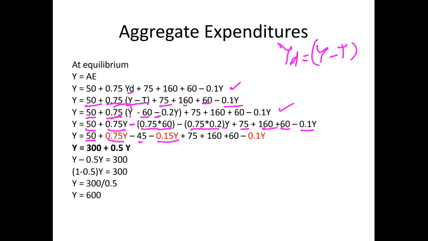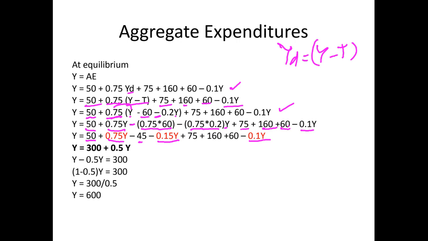Now, why I have written these numbers in red, 0.75Y, 0.15Y, 0.1Y, because I'm interested in only Y terms now from the right hand side of the equation. Why? Because first I take all Y to the left hand side of the equation because I want to calculate the value of Y. So all these red Y terms you can add or subtract, based on the plus and negative sign.